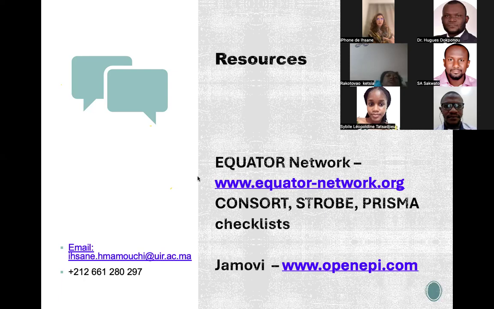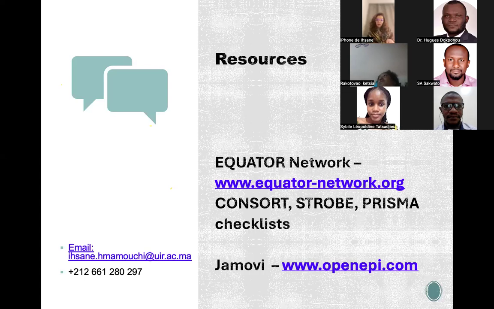It just registers your protocol, but it's your role to see in advance if there is the same protocol. It's the same case for PRISMA. If you want to run a systematic literature review on some topic, there is PROSPERO, which is another platform that allows you to see all the protocols that are already registered.